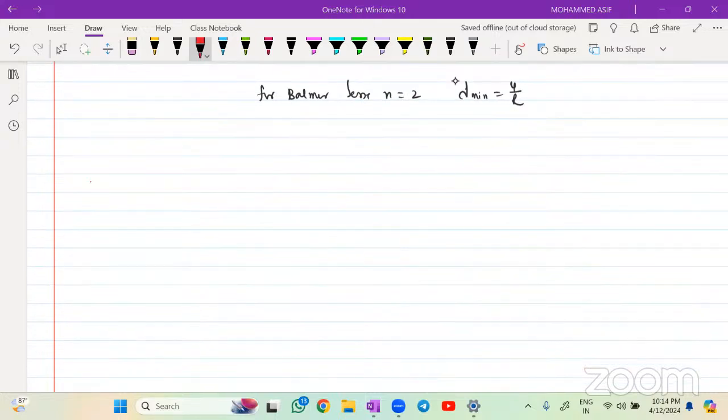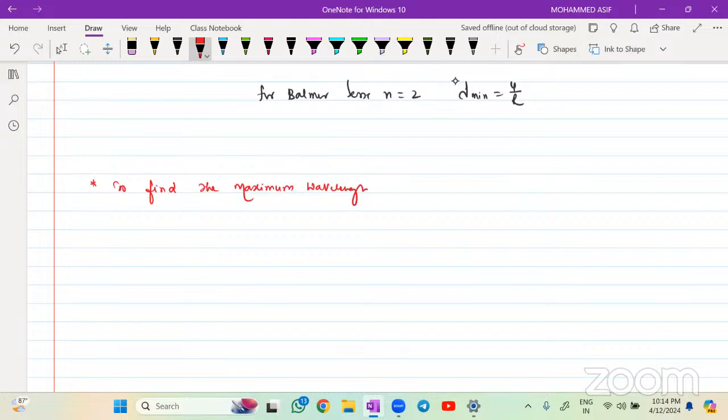The same way, if he's asking to find the maximum wavelength, it will save your time there.